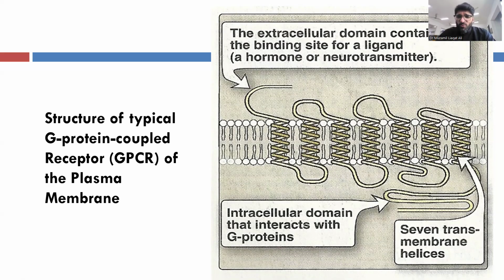The intracellular loops and the C terminus interact with the heterotrimeric G proteins. This seven transmembrane architecture is conserved across a large family of receptors in the human body, involved in vision, smell, taste, and the action of more than 50% of all prescription drugs.